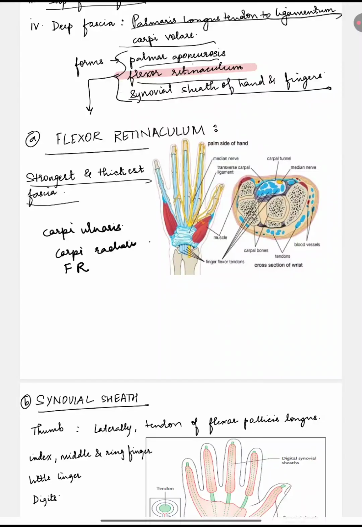The flexor retinaculum converts the sulcus carpi into canalis carpi. This flexor retinaculum forms canalis carpi radialis and canalis carpi ulnaris.